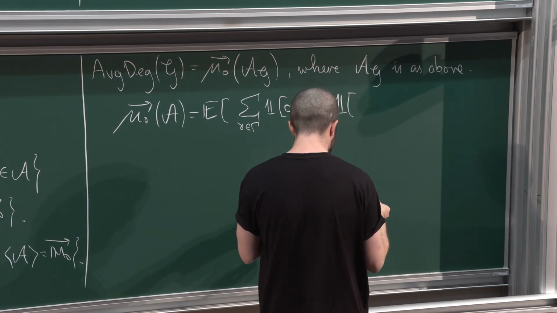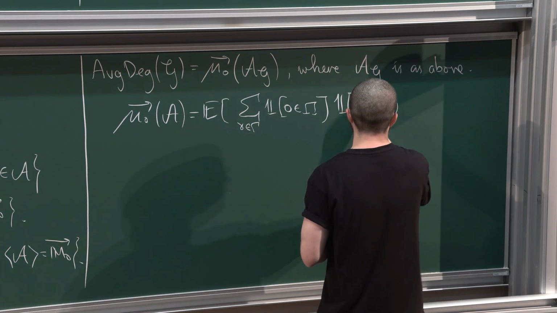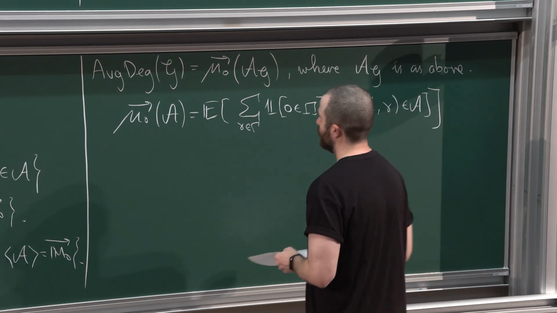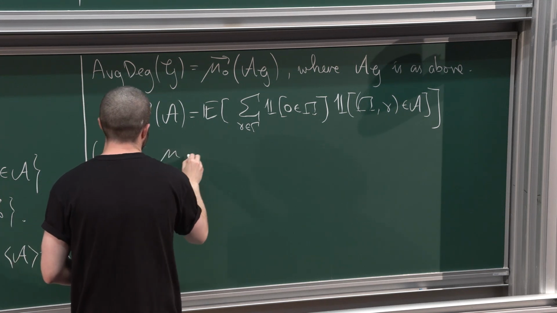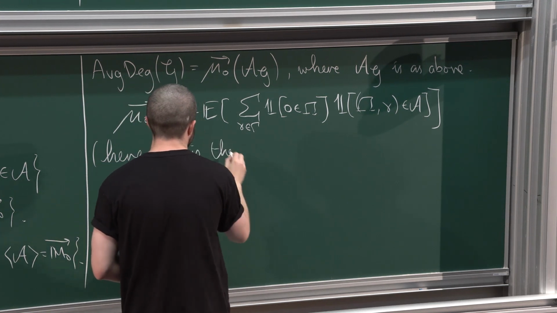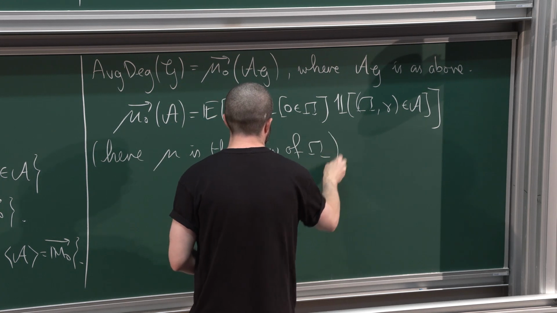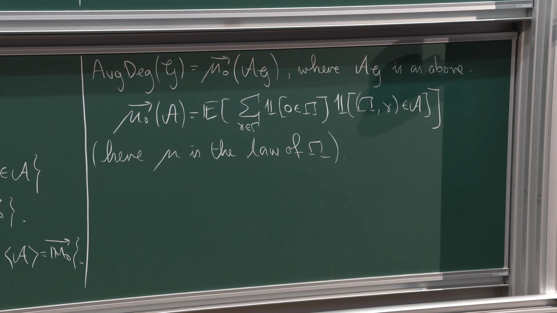Indicator that pi gamma is in A. Here mu is the law of pi. Okay, what's all this about?